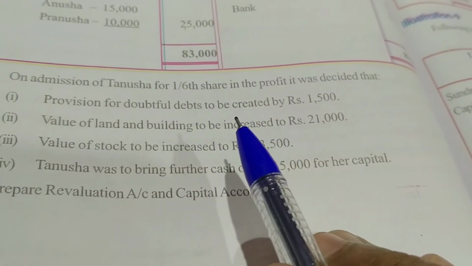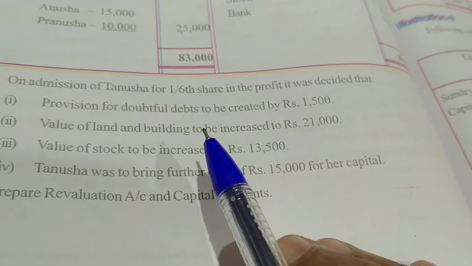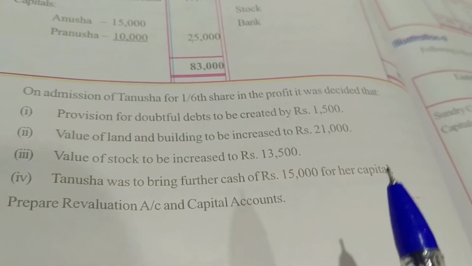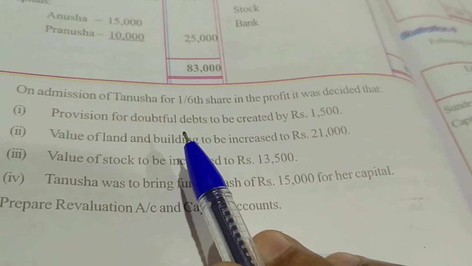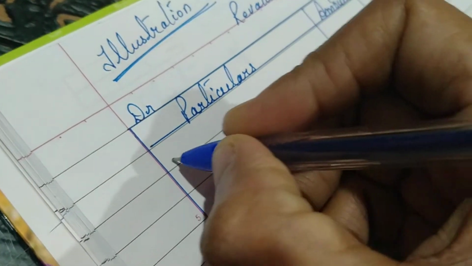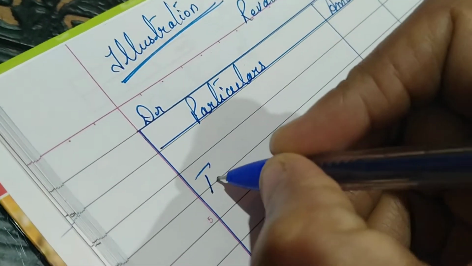Let us see one by one. Provision for doubtful debts, in your final accounts, where do we show it? We show it in profit and loss account, and then in the balance sheet. So here this will be shown in the new balance sheet, but once it will also be shown in the revaluation account.